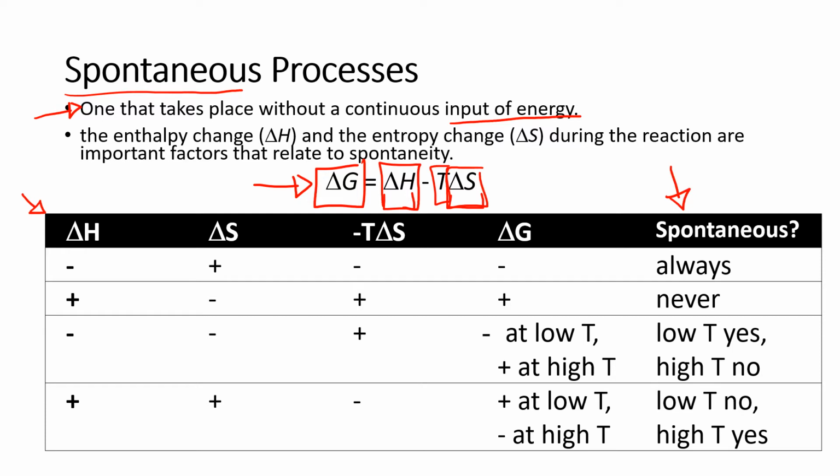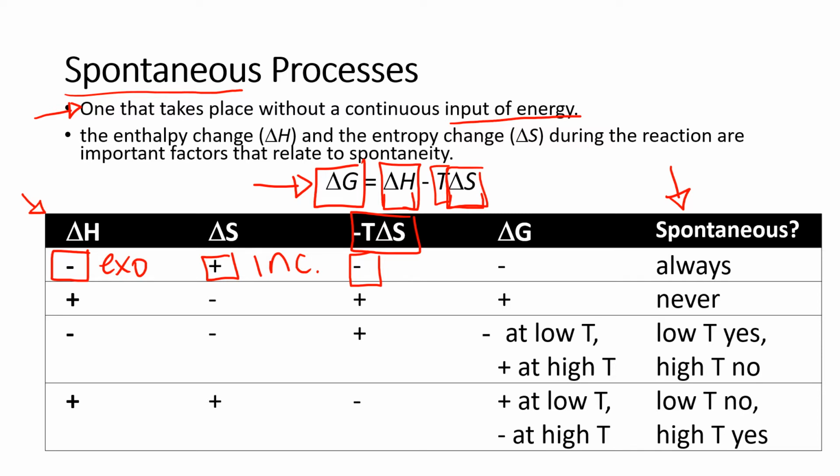So for example, when you have a delta H that is negative, what this means is that you have an exothermic reaction. A positive delta S means you have an increase in entropy, which is favored by the universe. Overall, this would cause a negative term right here for your temperature being multiplied by your entropy.